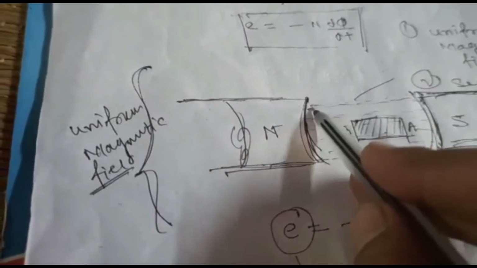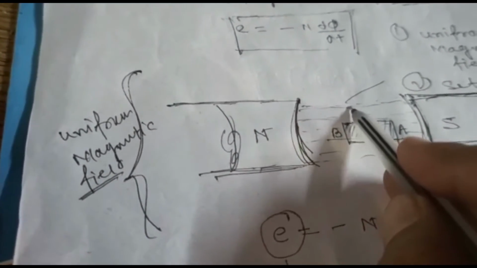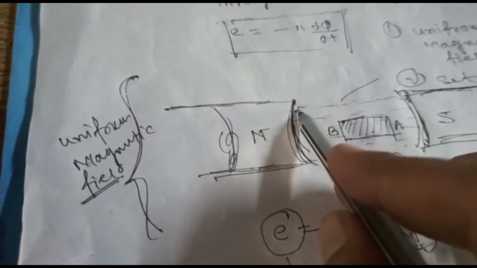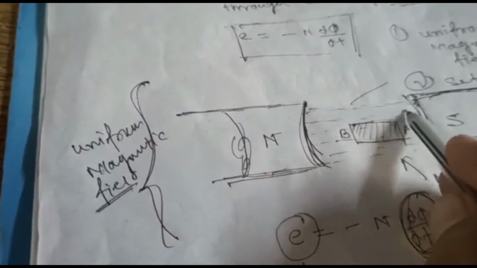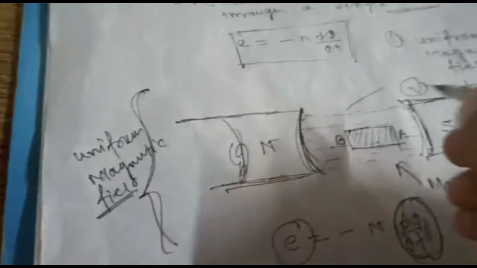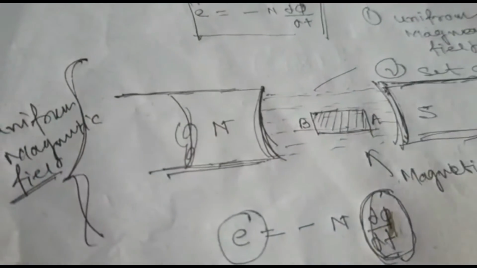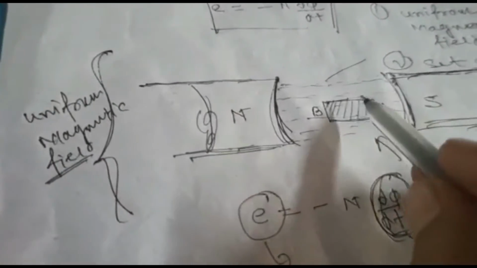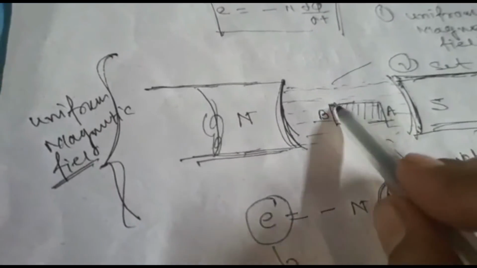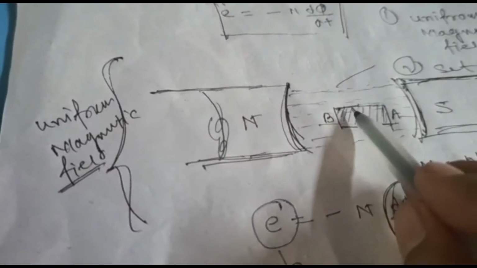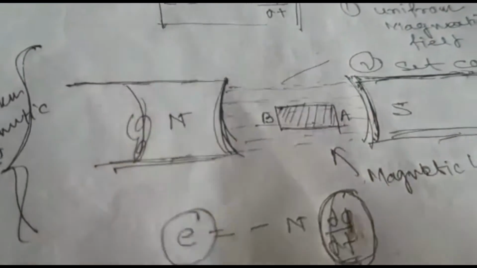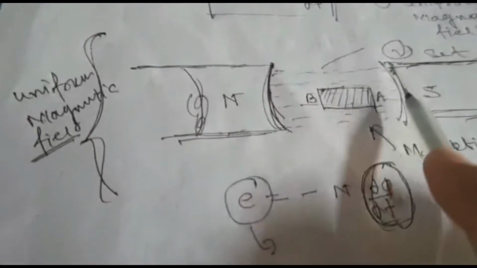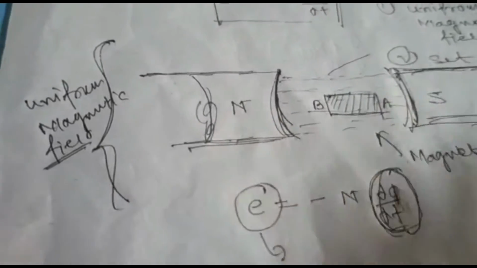So lines of force move from the north pole to the south pole. These dotted lines represent magnetic lines of force. Now a conductor AB is placed between the two poles.